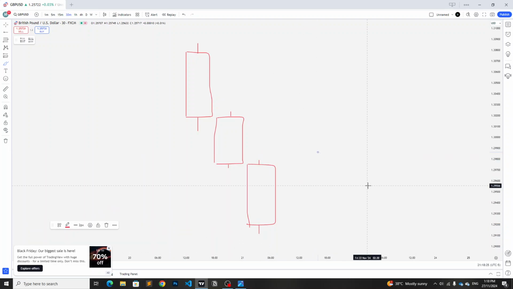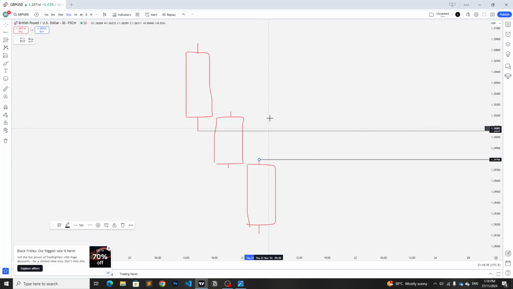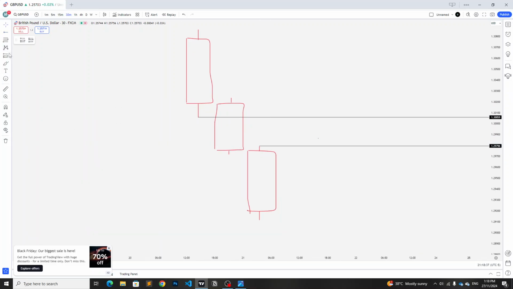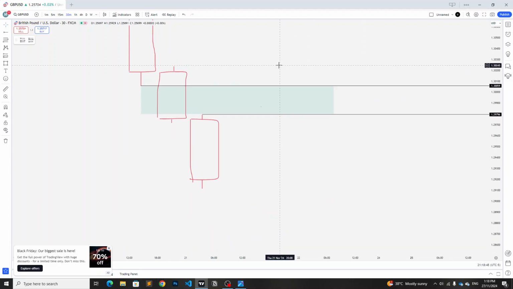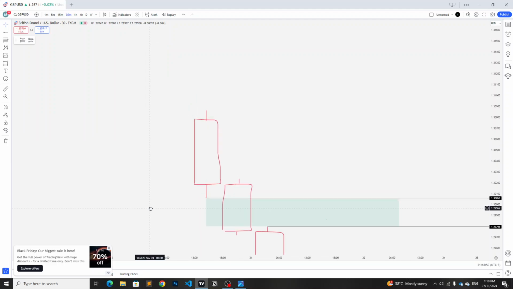So pretty much now you will know what a fair value gap is. For the bearish, you take the first candle low and the third candle high. That's a fair value gap right there. That's how you identify a fair value gap. Easy.